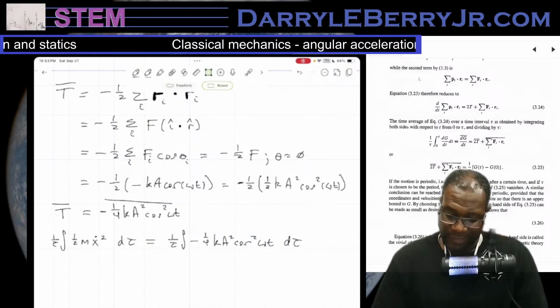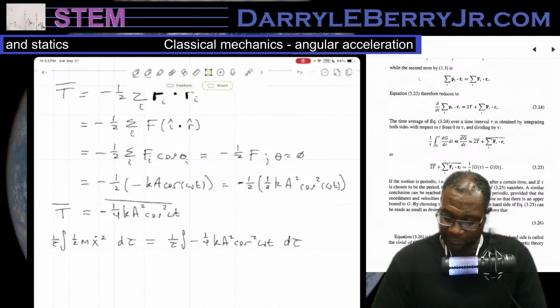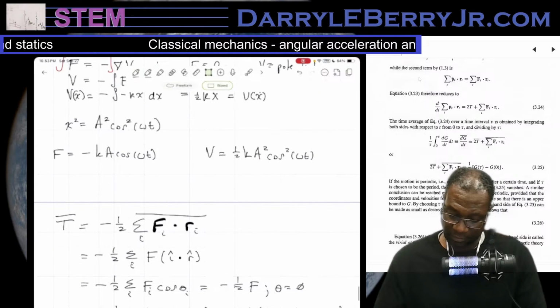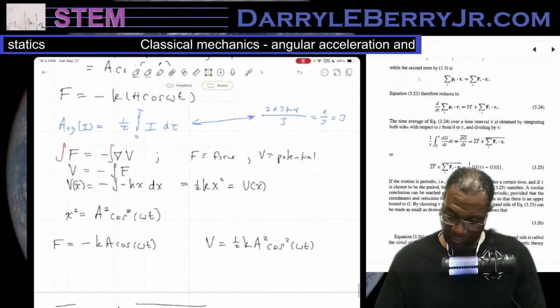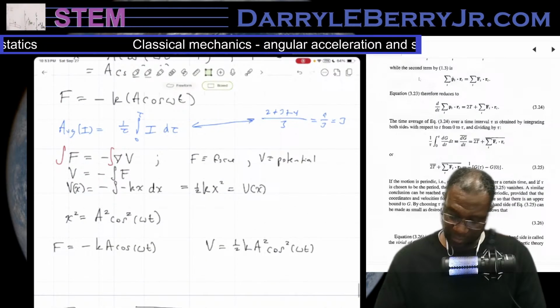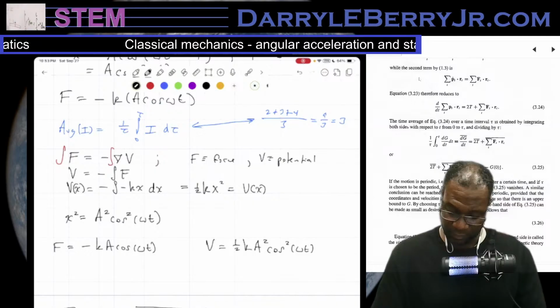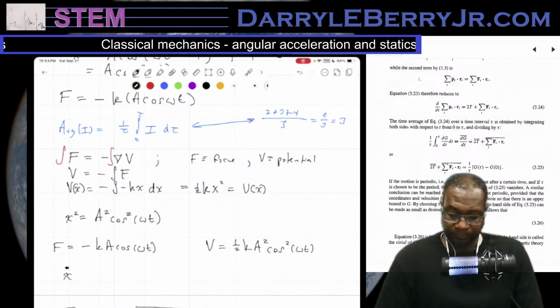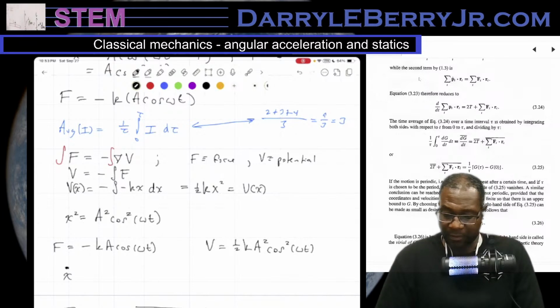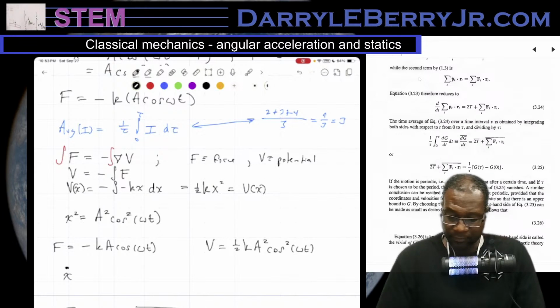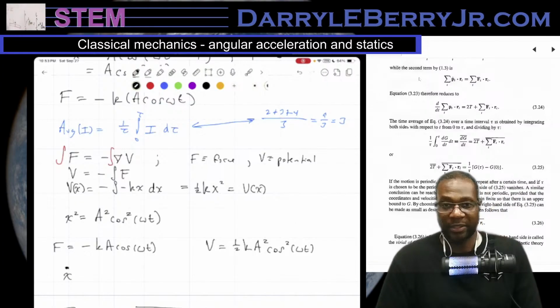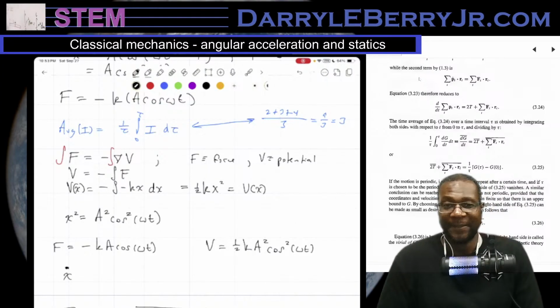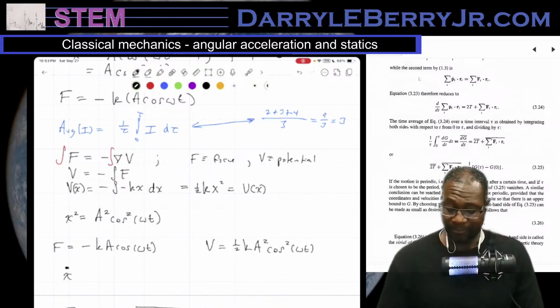So basically I filled in for what kinetic energy is in one dimension. And we have the average of each. So I need to get x dot. Whenever you see an expression in physics where there's a dot over it, it's a derivative by time.